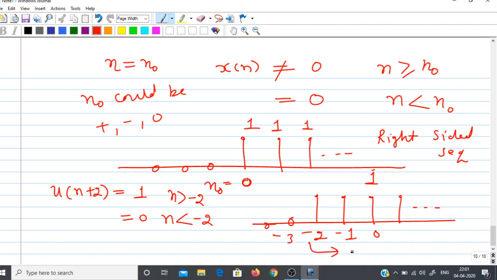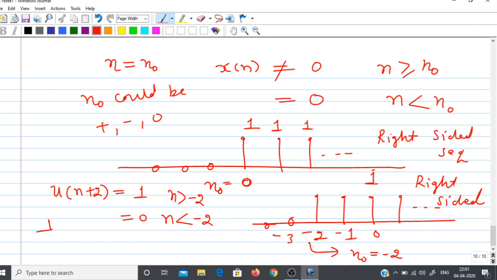So what is n naught this time? n naught is minus 2. The sequence has non-zero values to the right of this n naught, which is minus 2, and zero values to the left of this n naught. Therefore this is also a right-sided sequence.